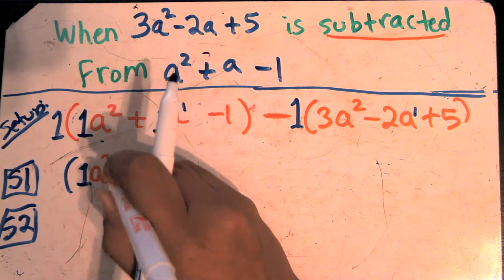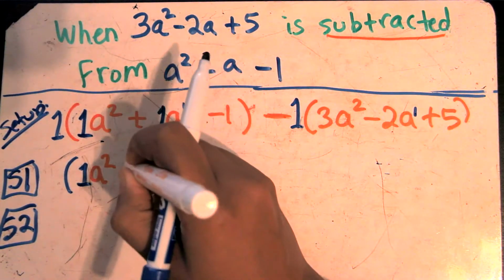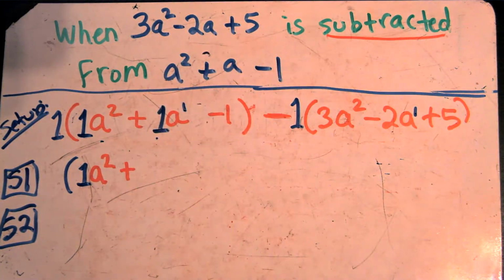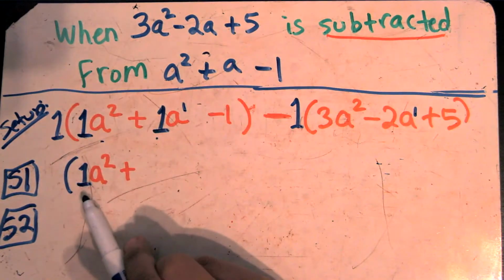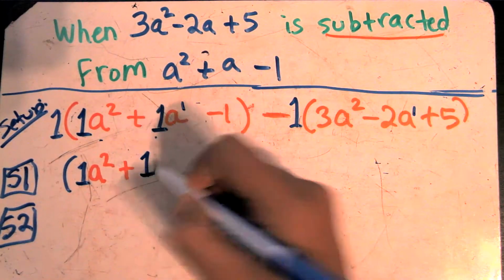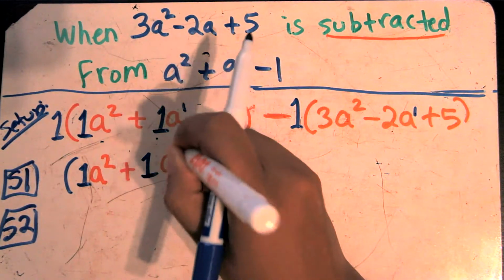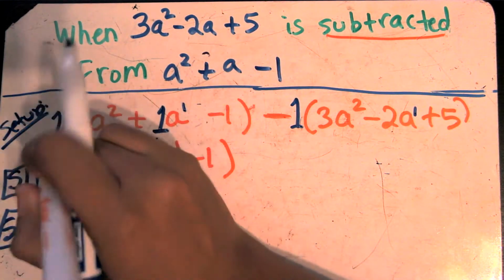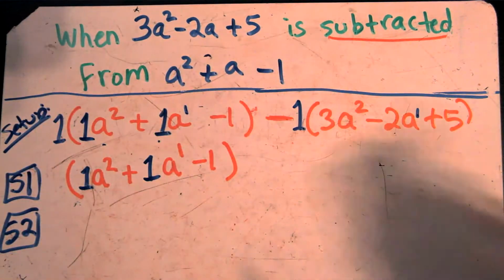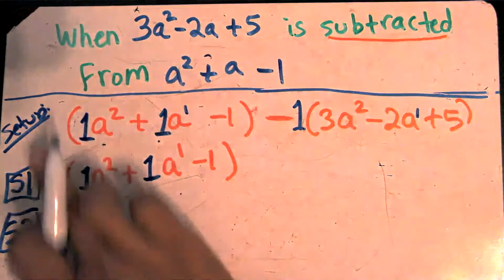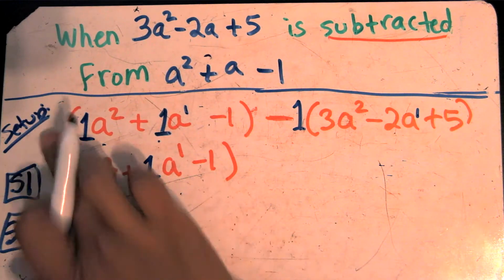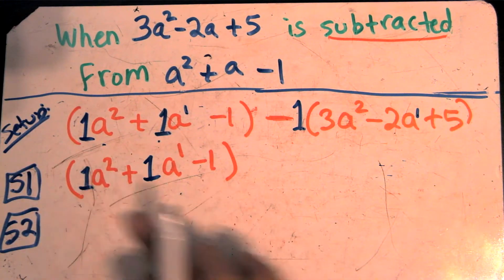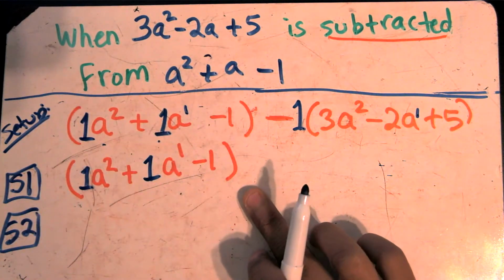You can multiply any number by 1 and it doesn't change the number. 1 times 1 is still 1. 1 times 1 is still 1. 1 times -1 is still -1. Hence why the first polynomial, if you don't see a number in front, doesn't change anything, because it's a 1 being multiplied to the whole number represented by this polynomial.